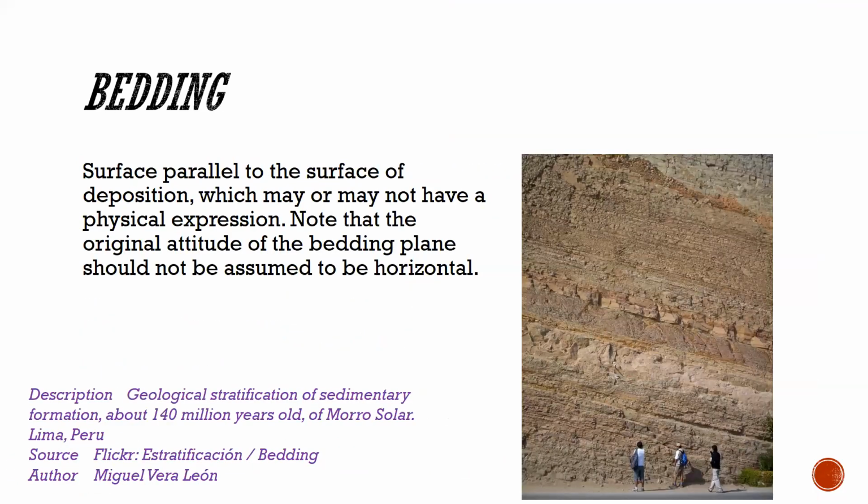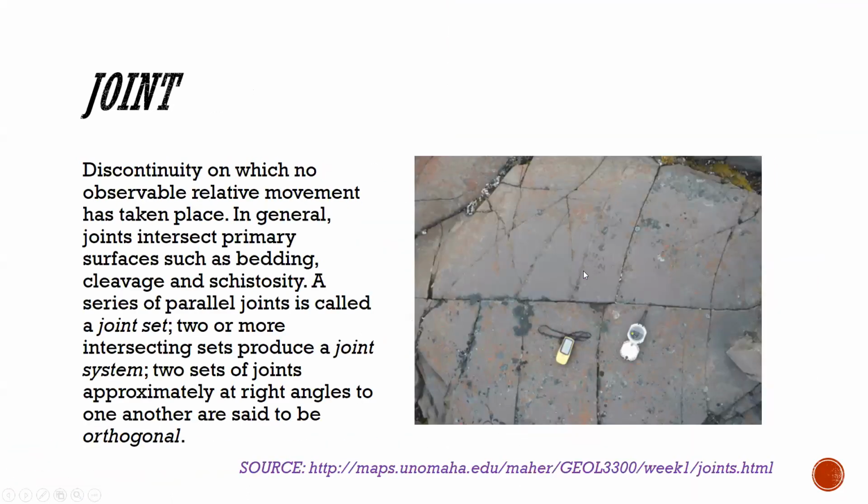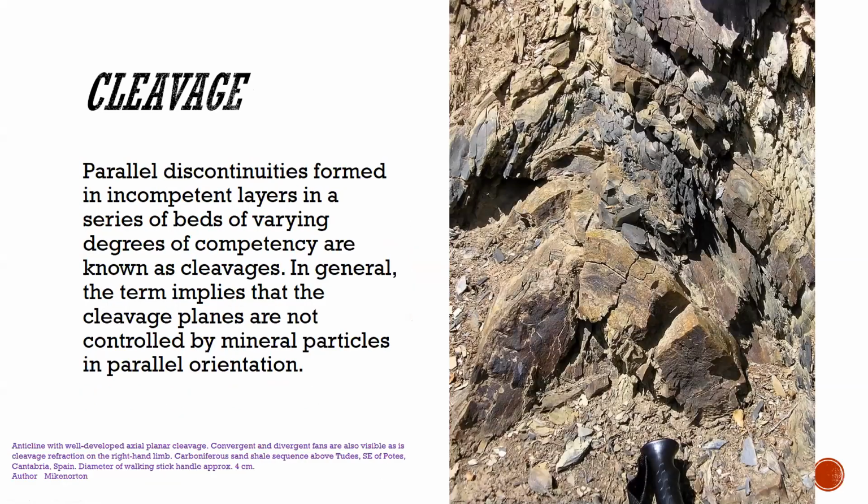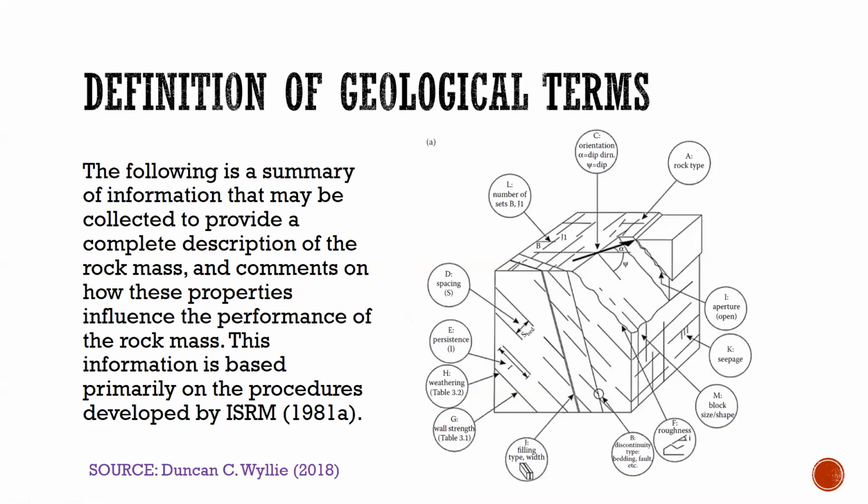Whereas in slope stability, we will majorly consider these two features in our analysis, because these two structures are often observed and play a very important role. This is bedding and this is the joint. How these two parameters can be characterized in totality in the field, that we are going to discuss.